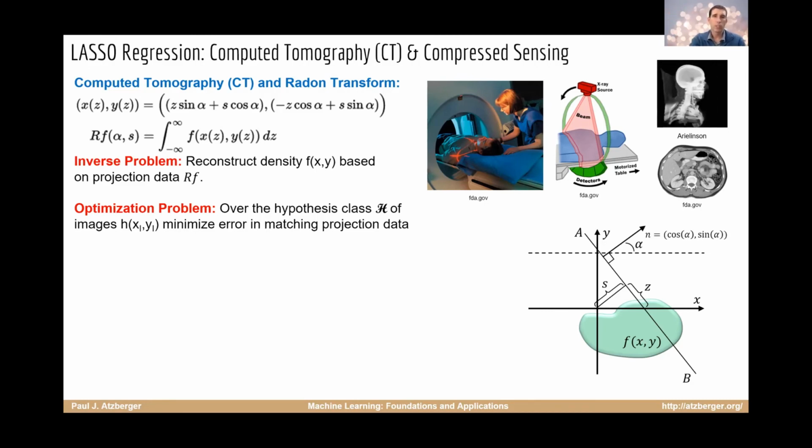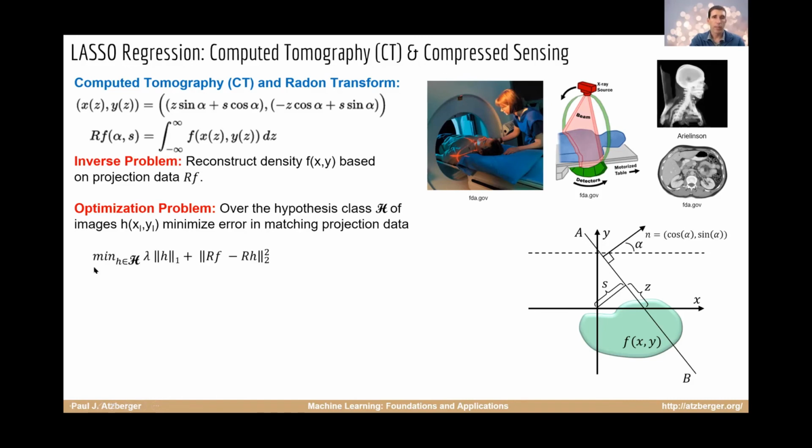I'll do it in 2 dimensions just to make the mathematics a little easier. So this will be the x and y location in space. And so you can think of h of x_i, y_i as basically just being an image. The idea is we're trying to find the pixel values of the image, which tell us the density of the bone, so that when we apply the Radon transform here, we get back what we measured in the experiment.